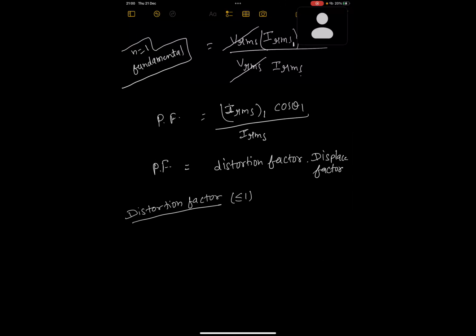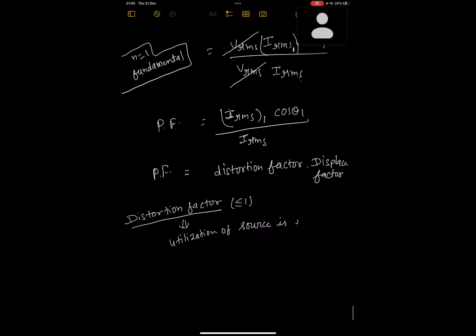And what is meant by distortion factor? The utilization of source is reduced due to harmonic current.